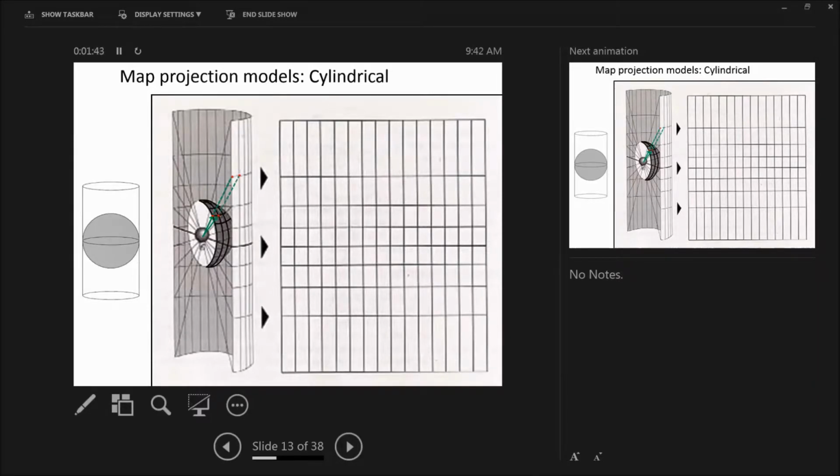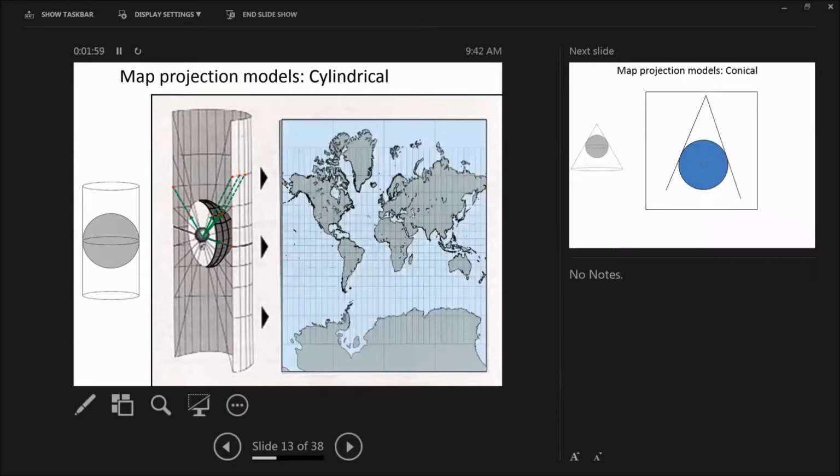Here is where it's going to be projected. Another one. Where is it going to be projected? Extend your light ray until it hits the cylinder. So it's going to be here. And so on, until we get the map done. Isn't that interesting? That's very interesting, at least to me.